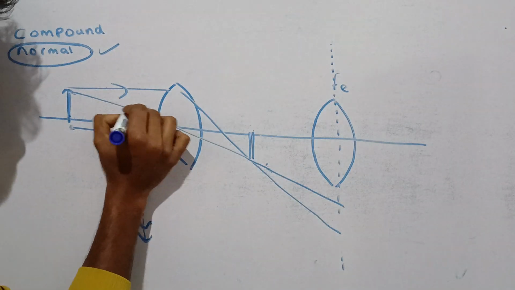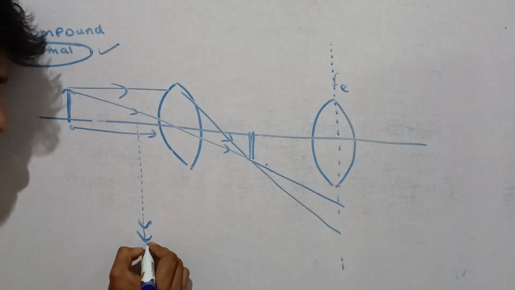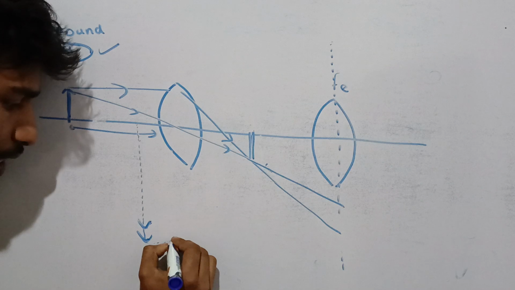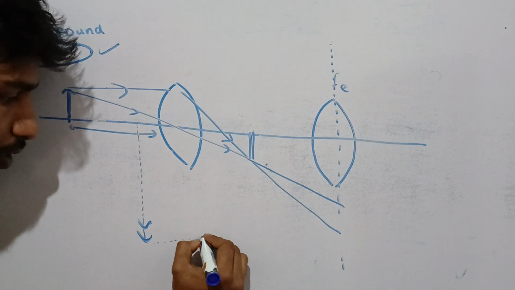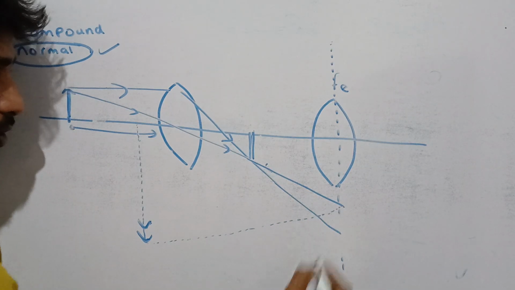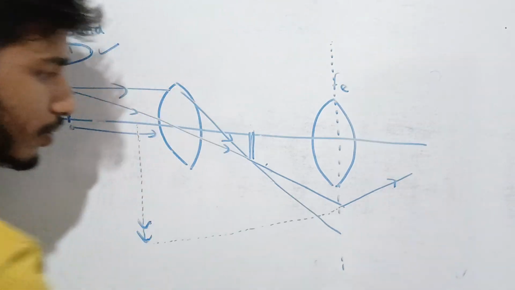Make sure to mark the arrow directions. Eventually my final image must be around here. So draw a dotted line from the final image towards this ray, and deviate the ray according to that dotted line.